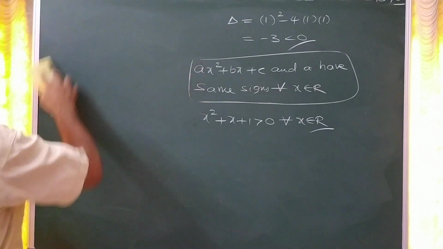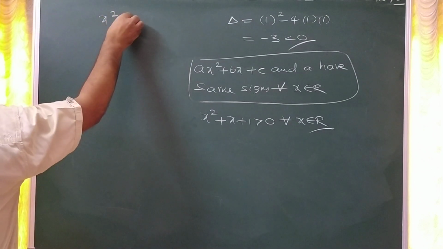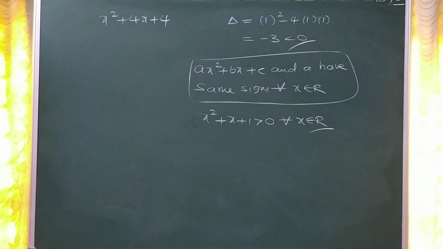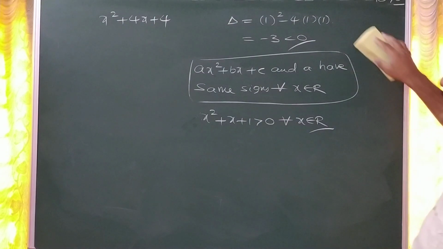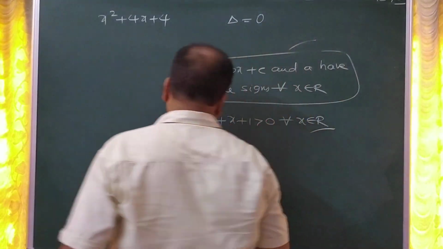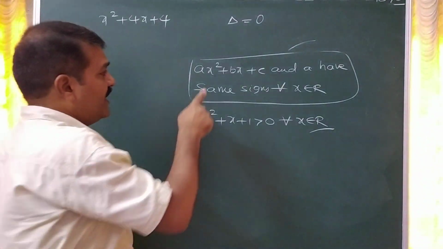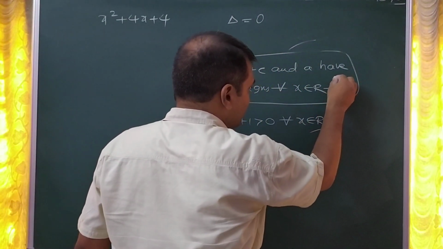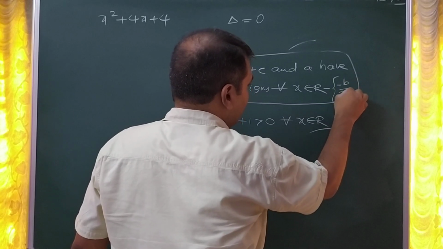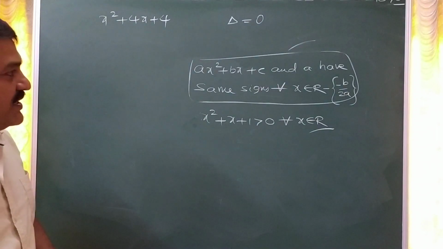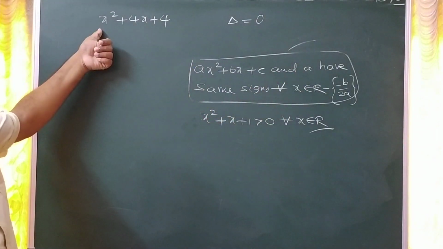So what happens when an expression is given like this? Find delta. Here, if you find the value of delta, you will get delta is equal to 0 for this expression. Delta 0 means ax square plus bx plus c and a will have the same signs for all x belongs to R except minus b by 2a. So what is the coefficient of x square here? Positive.